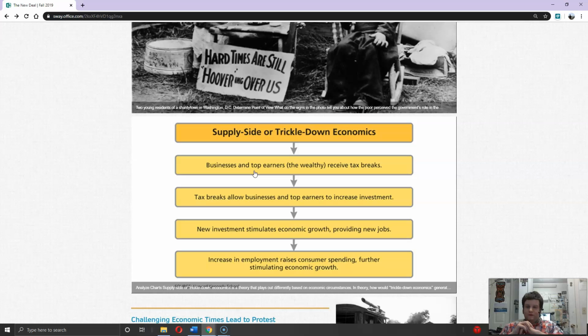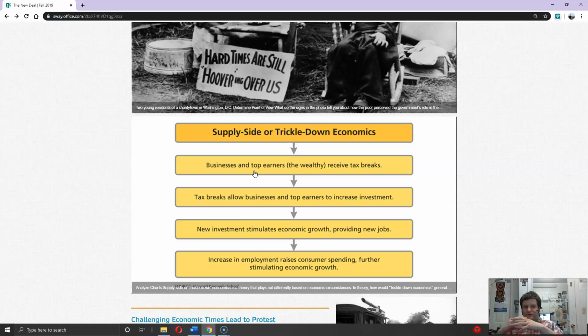In U.S. History 3, it's usually referred to with Ronald Reagan and Reaganomics. And essentially, this is kind of how the laissez-faire economics that the U.S. government practiced for this time period worked. Basically, businesses and top earners, so the wealthy, received tax breaks. The argument for this is the tax breaks allowed the businesses and top earners to increase investments.